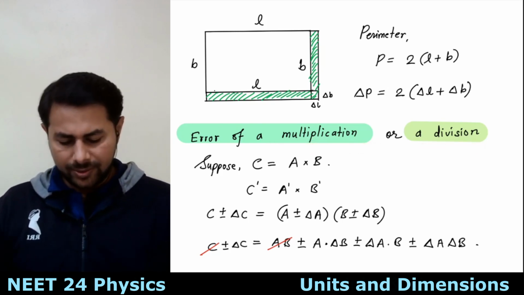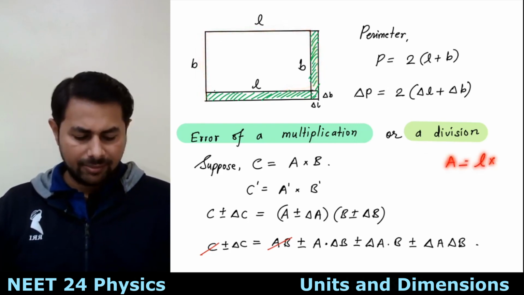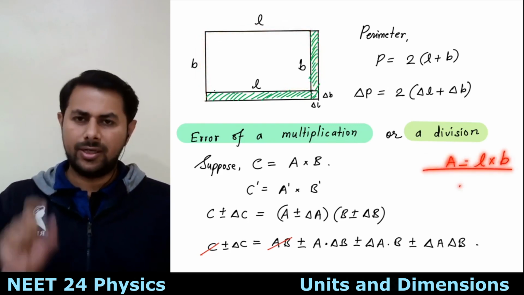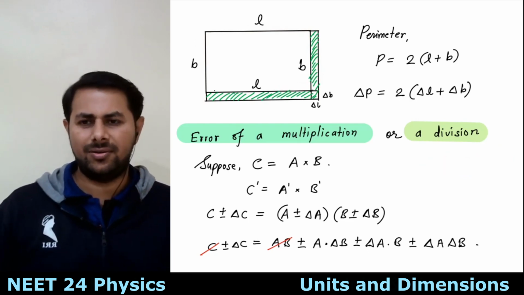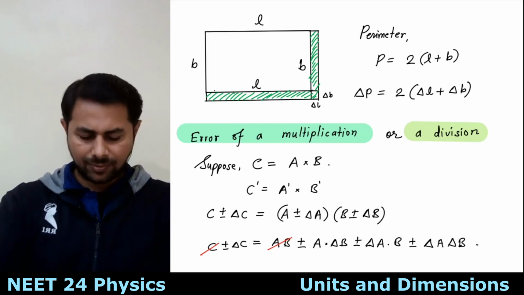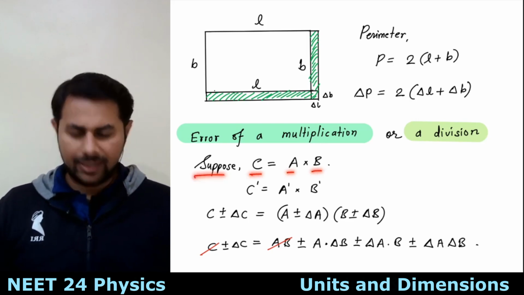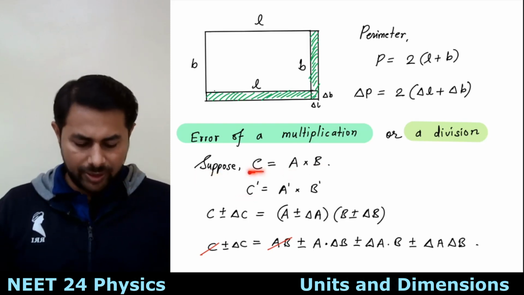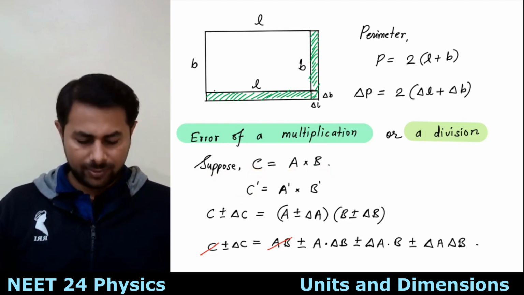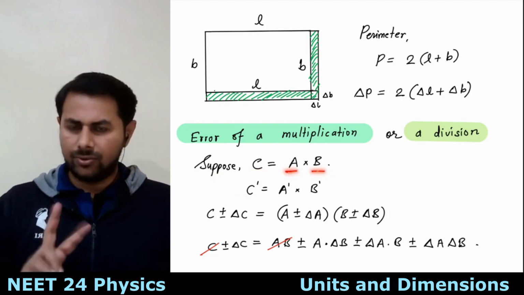So for an example, the area of a rectangle is equal to what? The area is length times breadth. So there is some error in length, some error in breadth. What would be the error in area? Okay, so that's what we want to find out. So suppose C is equal to A times B. Okay, so therefore C dash, these are the mean values of A and B, two quantities.